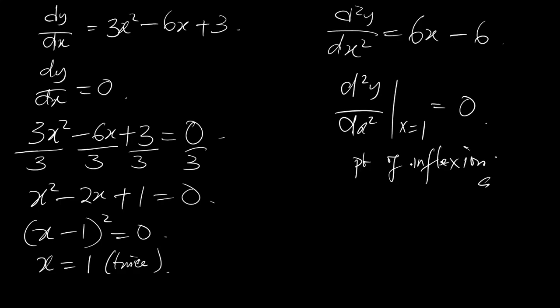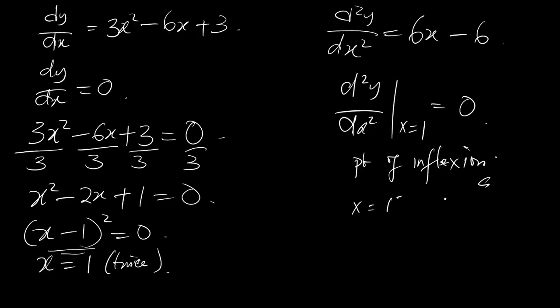Now, since d squared y all over dx squared is equal to 0, if you consider x on the negative side of 1, let's say 0.9, you put 0.9 there and it still gives you a positive value because you have the square here.